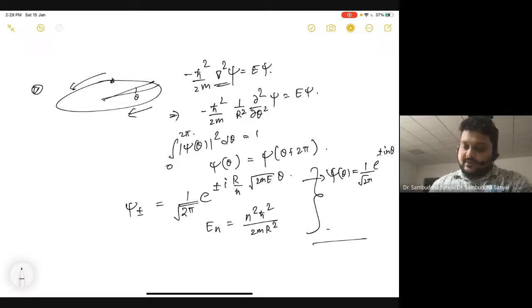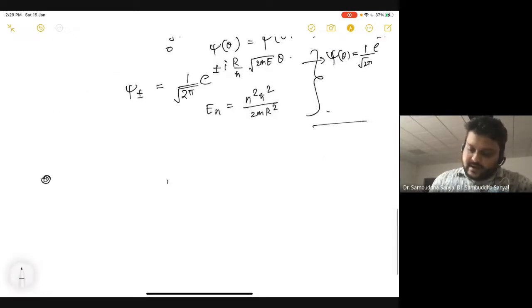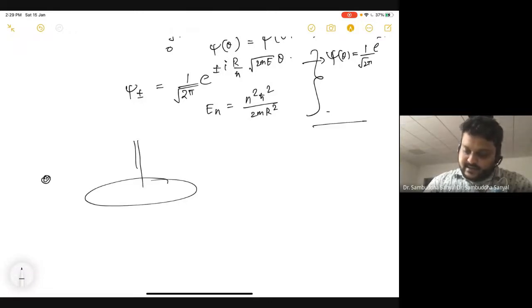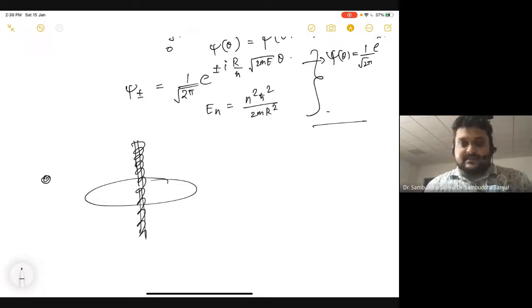So now I want to ask the same question. I have this guy, and I insert a solenoid in the middle. Right? Now your naive classical thinking will tell you, of course, now you know quantum mechanics, you know something is going to be different. You are already shock-immune because of the quantum mechanics course.